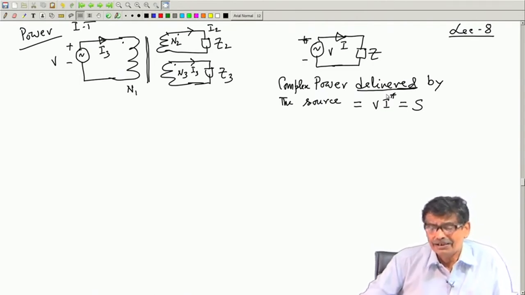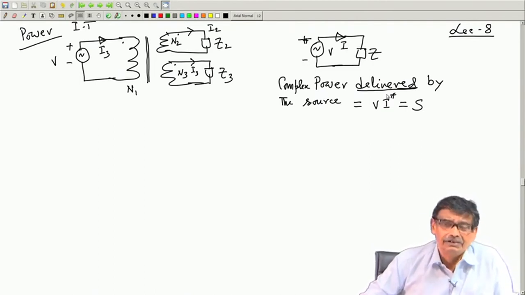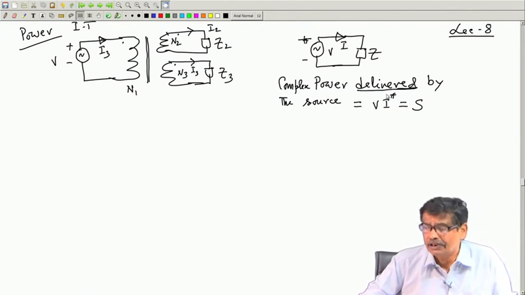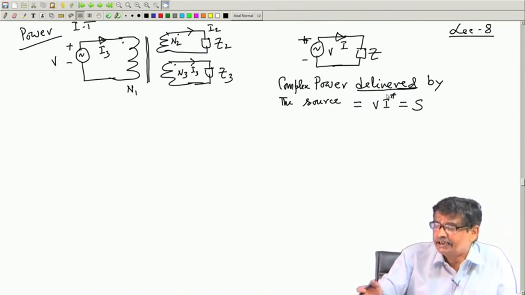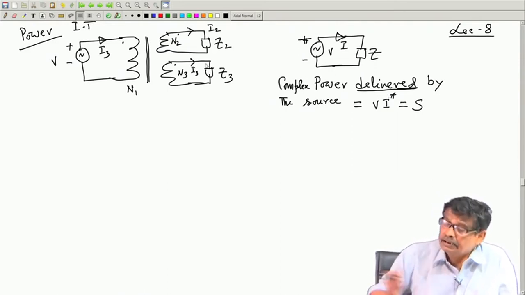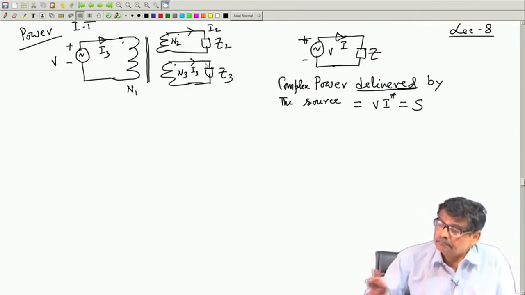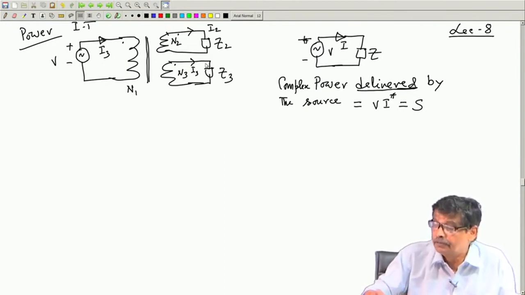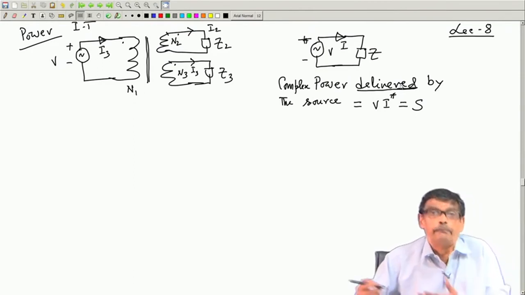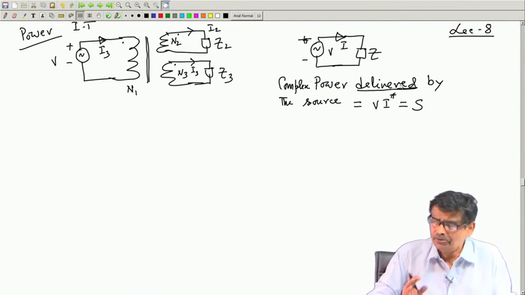Because in any circuit, you know, current direction is your choice, and even if you have chosen it wrongly, it will be reflected in this equation. It might so happen that after you calculate V I star, the real part becomes negative. So, I should not be surprised; then I say the complex power delivered by the source is minus real power 100, which means it is really absorbing real power. You know all these things.